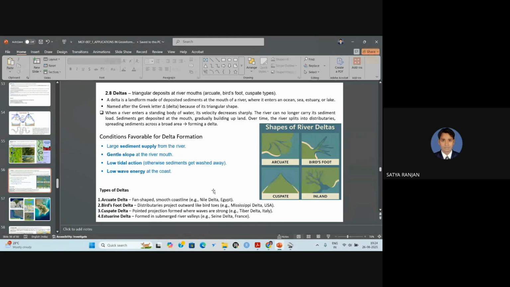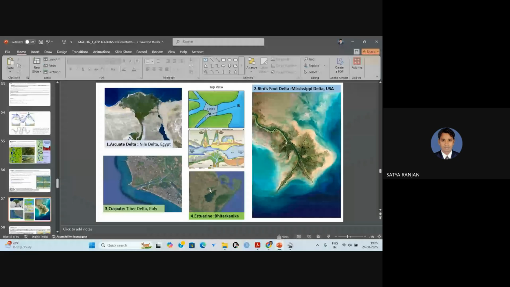It is named after the Greek letter delta because of its mostly triangular shape. Conditions favorable for delta formation are a large sediment supply from the river, a gentle slope at the river mouth, and low tidal action and low wave energy at the coast. If tidal action and wave energy are very low at the coast, then it creates some deltas.